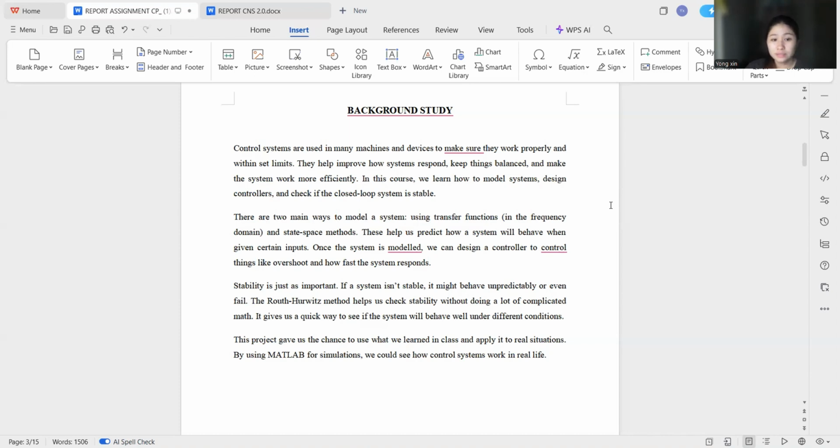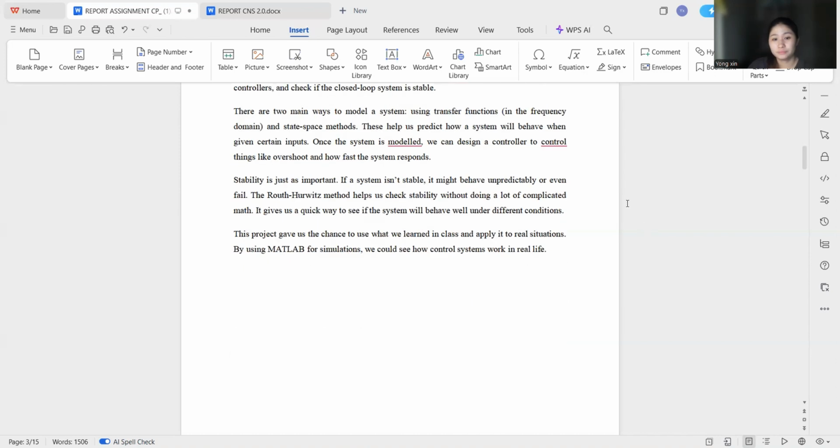The Routh-Hurwitz method helps us to check stability without doing a lot of complicated math. It gives us a quick way to see if the system will behave well under different conditions. This project gives us a chance to use what we learned in class and apply it to real situations. By using MATLAB for simulation, we could see how control systems work in real life.